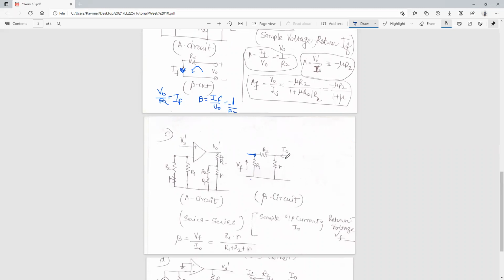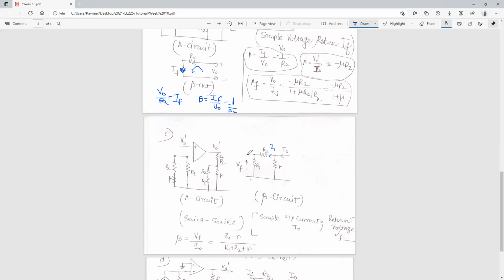If you're supplying current over here, we can use current division to find the current over here. That will be I1. We can find I1 across this particular branch, across R2. If you ignore this output point, you can see R2 is in series with R1.